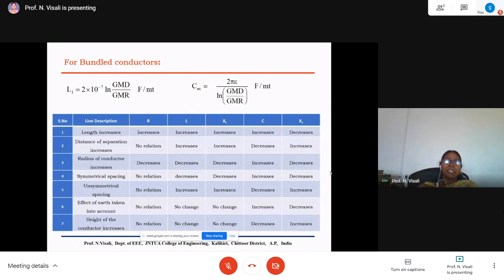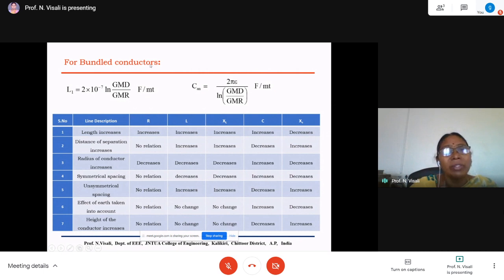But what will be the inductance and capacitance if the conductors are of a different type, like bundled conductors? For bundled conductors, you cannot simply take the distance between the conductors, and you cannot simply take the radius of the conductor. Bundled conductors means more than one conductor connected per each phase.